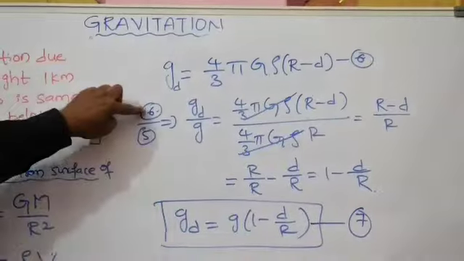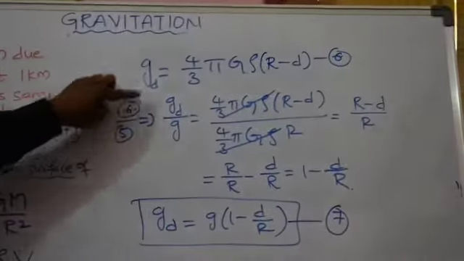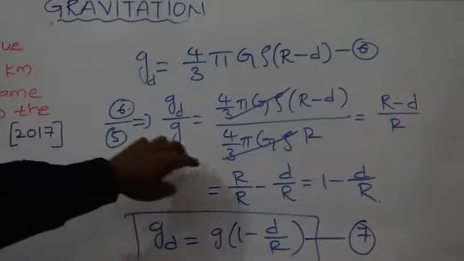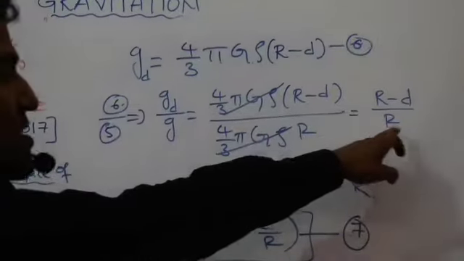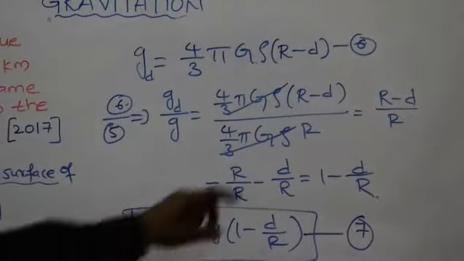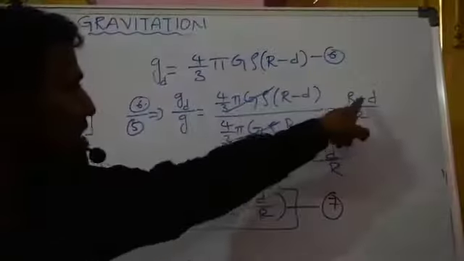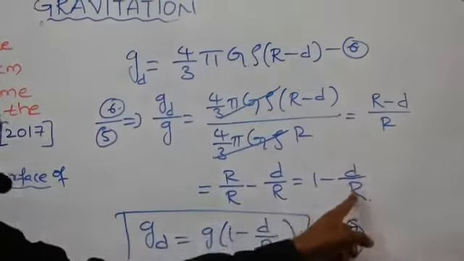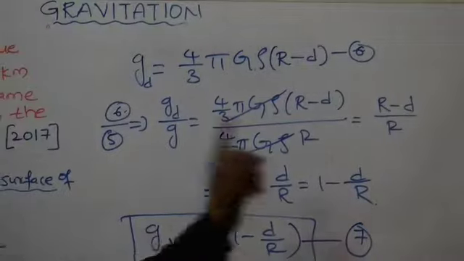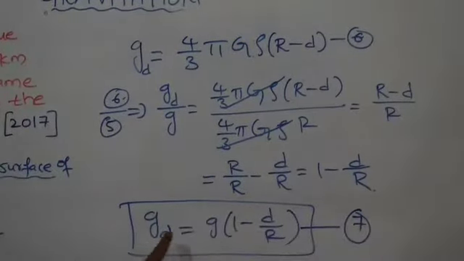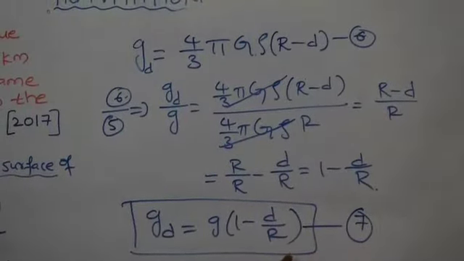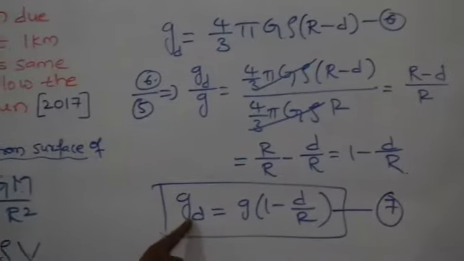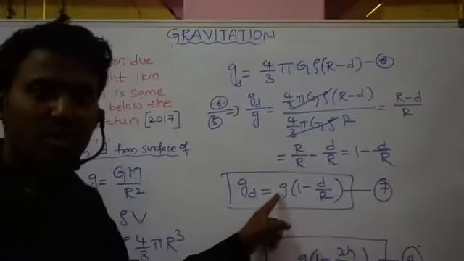So equation 6 divided by equation number 5: g_d divided by g, and these two get cancelled, remaining R minus d by R. R by R is 1, so it is 1 minus d by R. Taking g to this side, g_d is equal to g into (1 minus d by R). So this is the equation for gravity at a depth d.